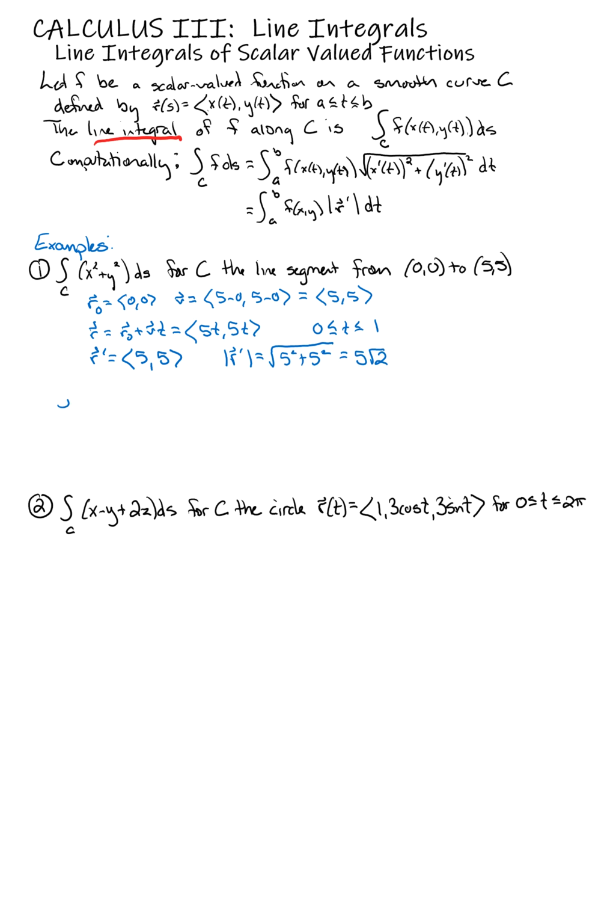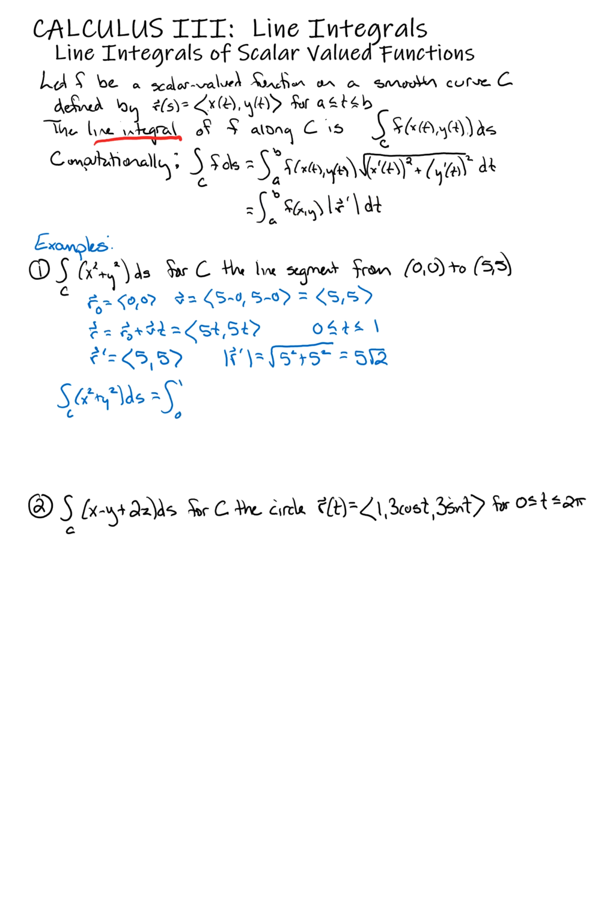So now to compute our line integral, we're simply going to take the integral. Notice our t values go from 0 to 1. And we want f evaluated at x, y.